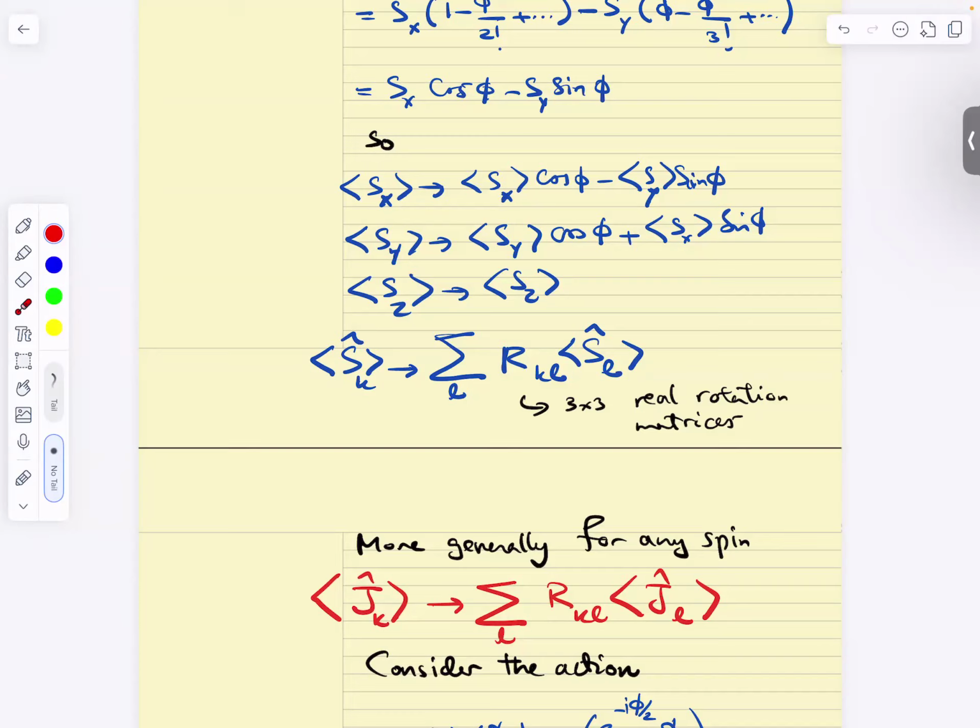Let me say in words what this says. We had the rotations that in our classical world we think of as represented by three-by-three real matrices. That's what we do to vectors. To represent this for a spin half particle, we have to represent rotations by 2x2 complex matrices, unitary matrices.